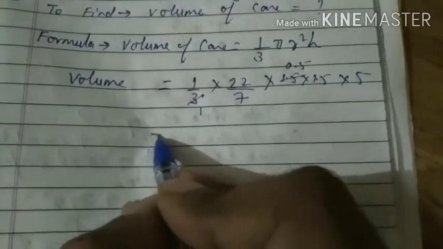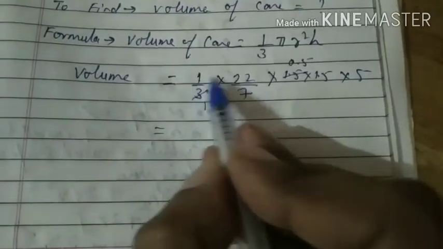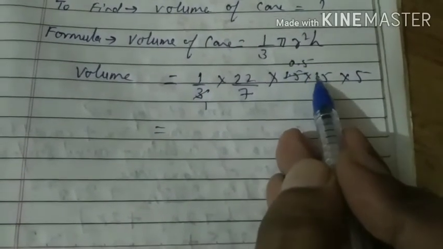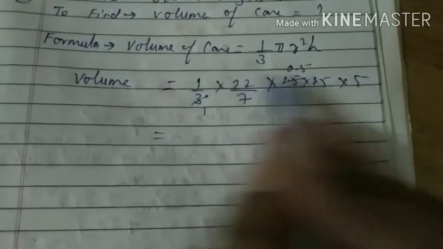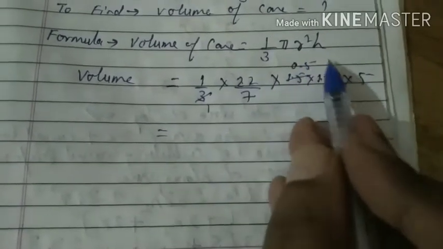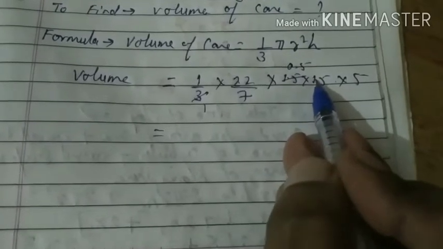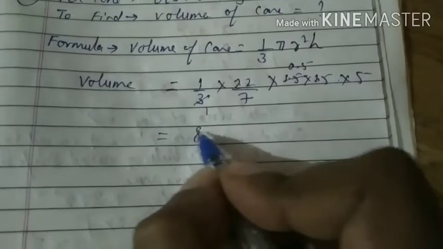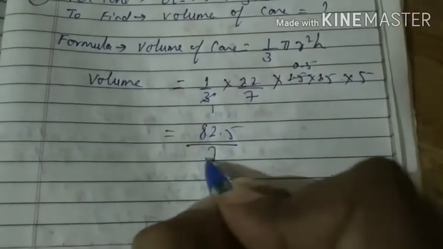So now what we'll do, we'll multiply this number 1 into 22, multiply by 0.5, multiply by 1.5, multiply by 5 in the working column. So when you multiply that, I get 82.5 upon 7.